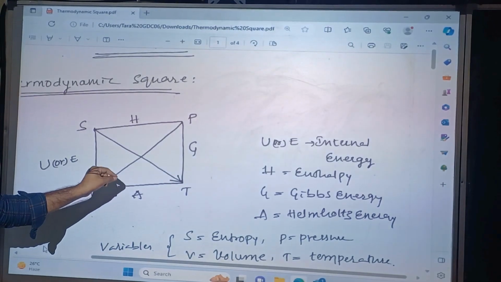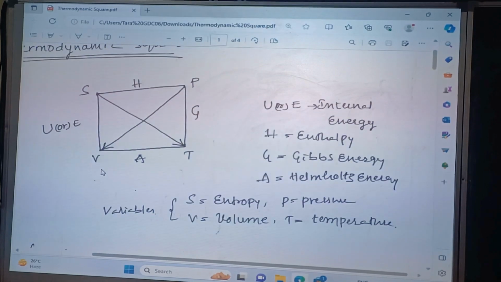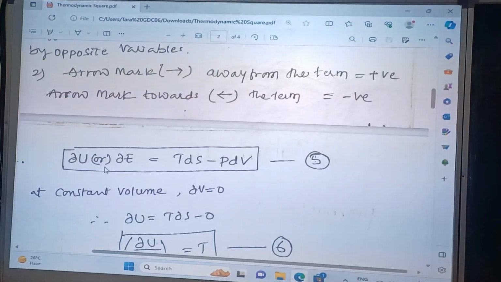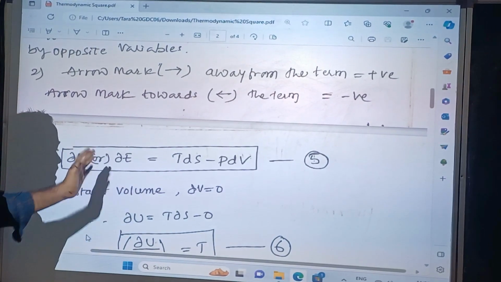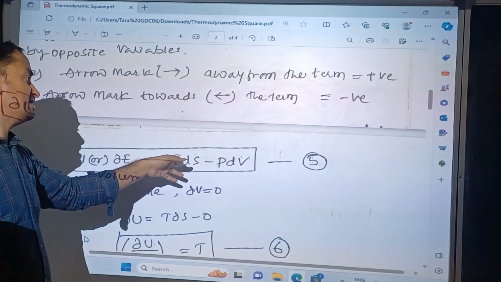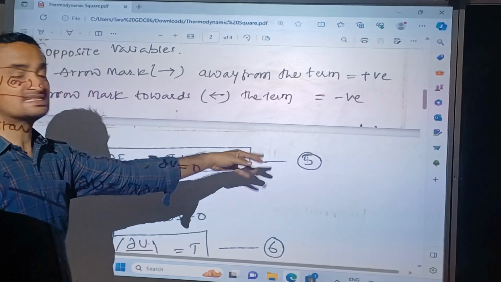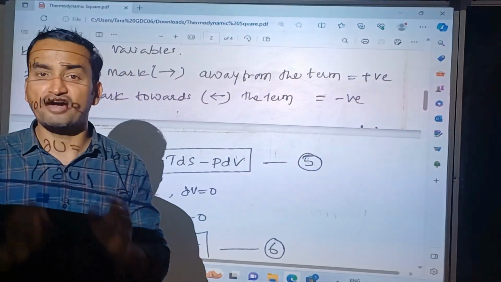Because the arrow mark is towards the V. That's why we are getting T ∂S minus P ∂V. That means ∂U we are getting T δS minus P δV. So this is equation 5.